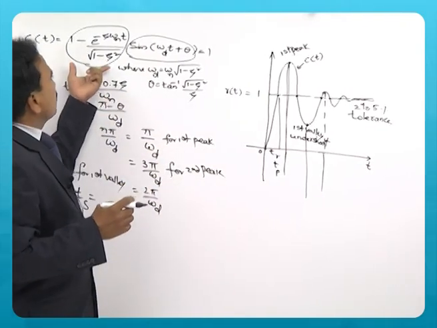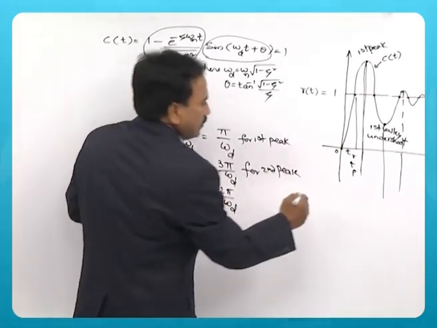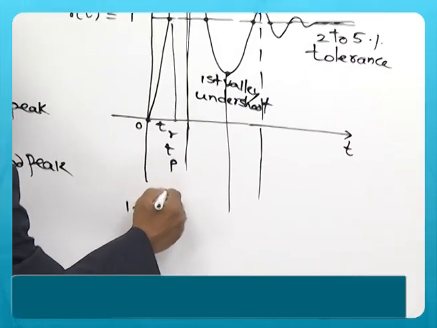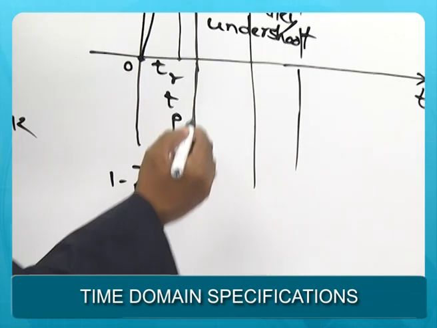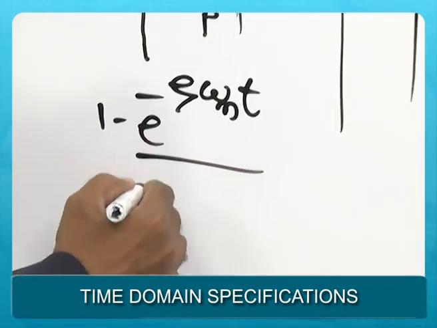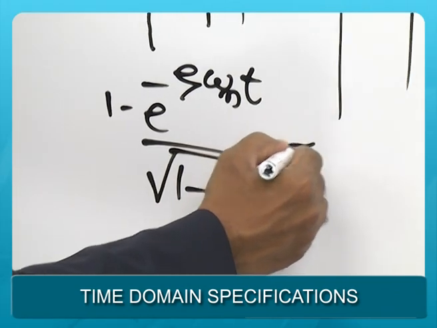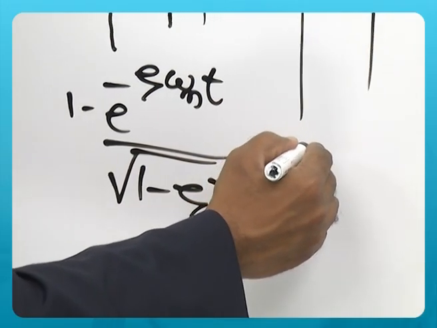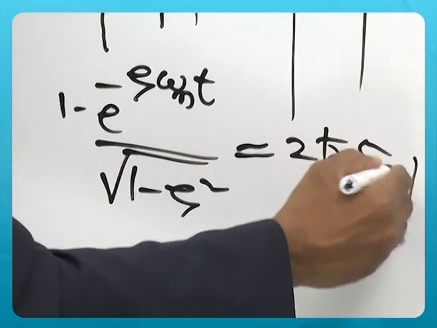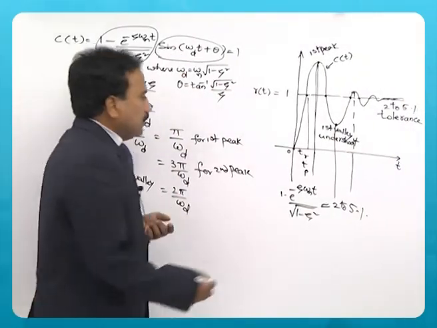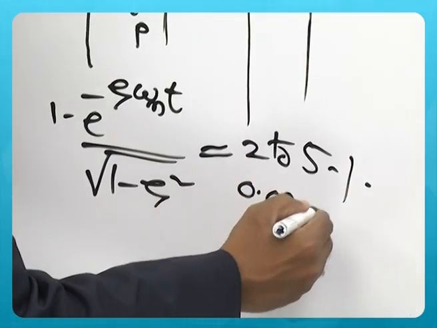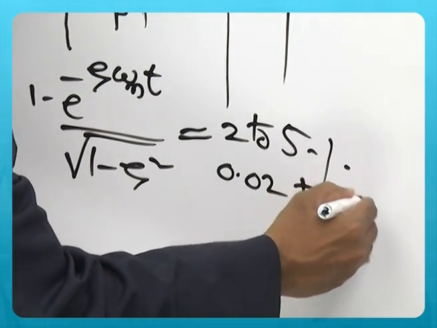Means this amplitude e power minus zeta omega n t by under root of 1 minus zeta square should be equal to 2 to 5%, that means 0.02 to 0.05.